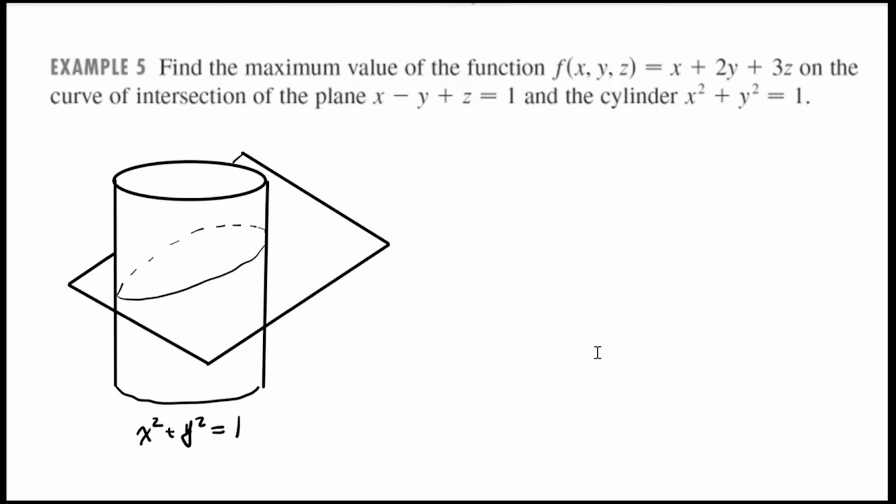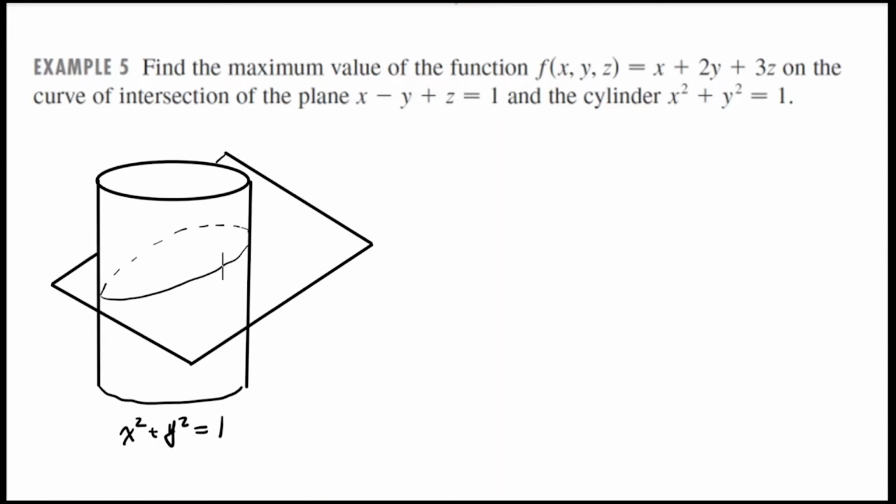Okay, so the way you set this up is first we take the gradient of f. So gradient of f is, we differentiate this with respect to x, so you get 1, the other 2 dies with respect to y, so the other 2 dies, and with respect to z.